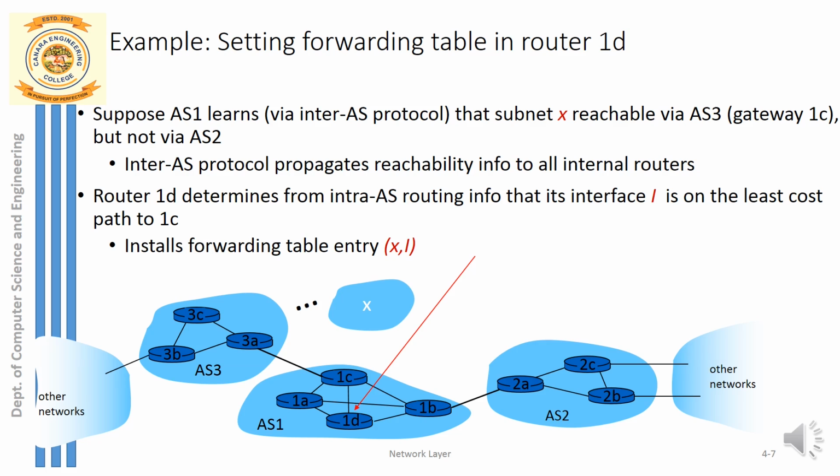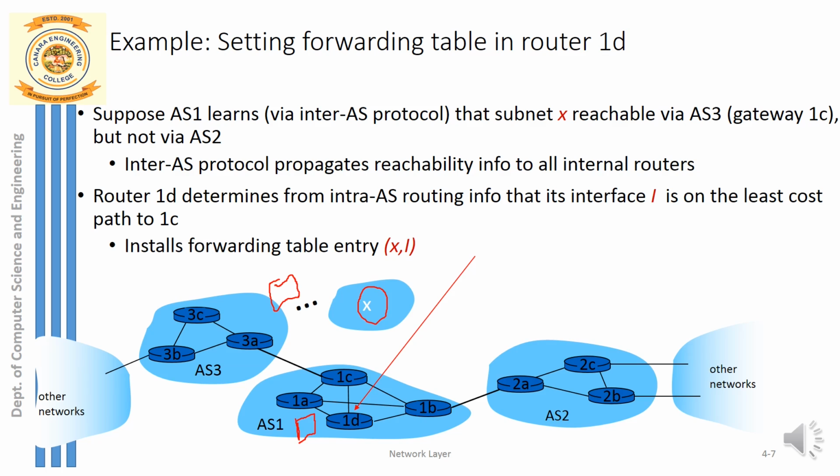You can see here how the forwarding table is set. For example, if I take the example of router 1A, suppose 1A wants to send data to one of the subnets, let's name it X, and that subnet X is connected to the autonomous system AS3.